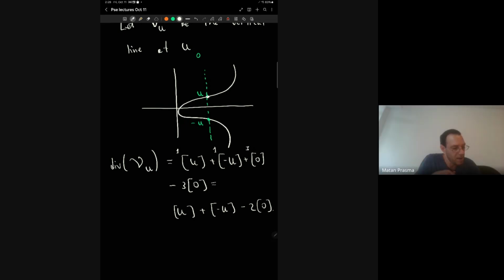So whatever point I put next to the 3, it has to be a pole, right? Yep. Now the only way to get the pole is at the point at infinity.